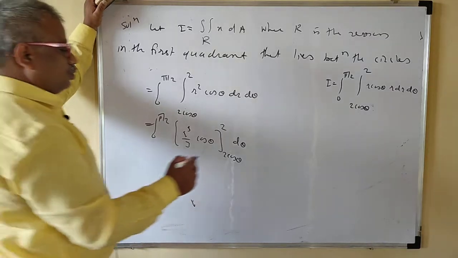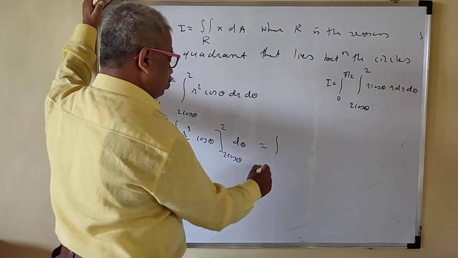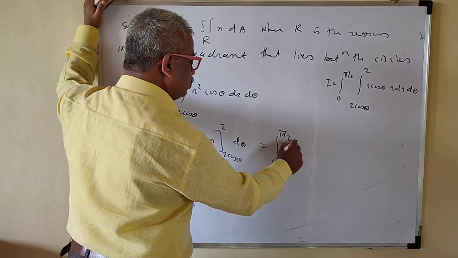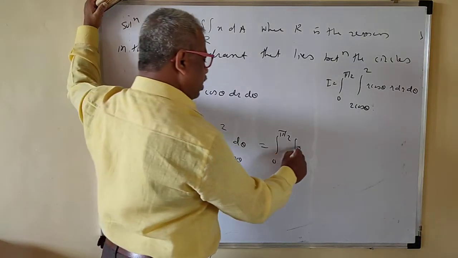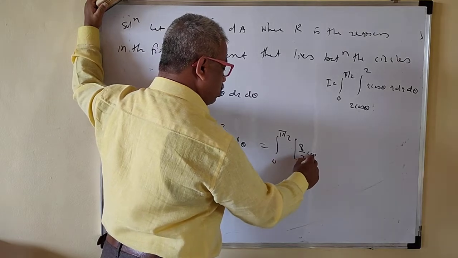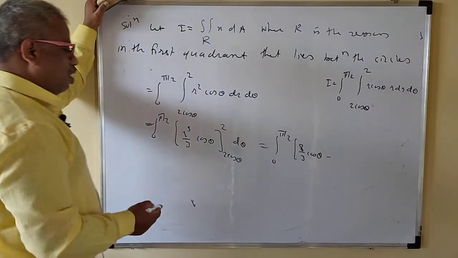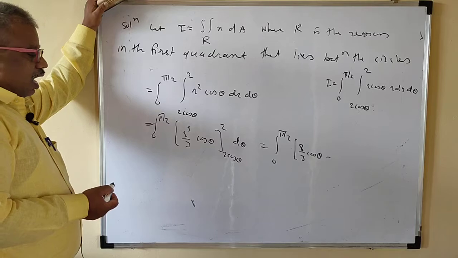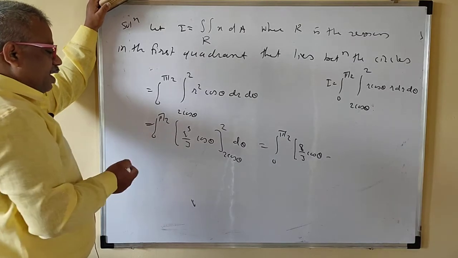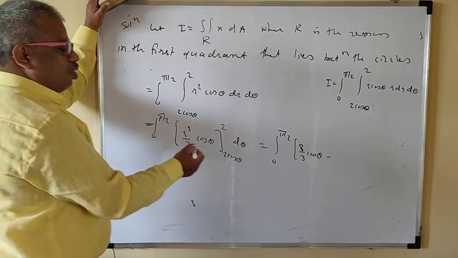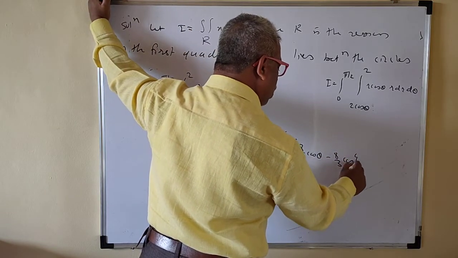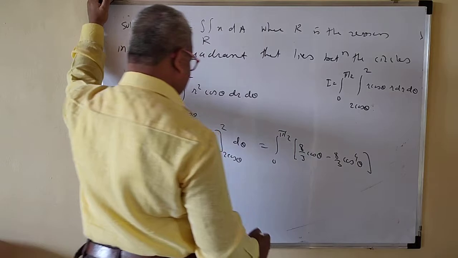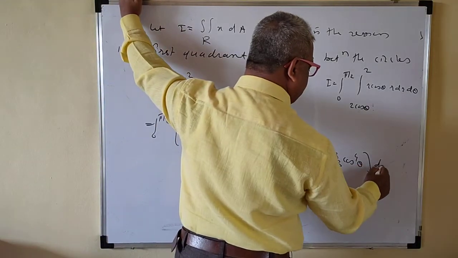Putting the upper limit, 2 cube means 8, so 8 by 3 cos theta, minus, putting 2 cos theta for r, 2 cube means again 8 by 3 cos cube theta into cos theta, so this is cos to the power 4. So 8 by 3 cos to the power 4 theta d theta.